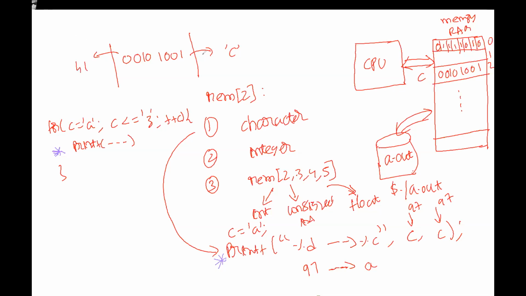So there are three domains in which we are living. This is the domain of decimal numbers, in which human beings are comfortable. This is the domain in which computers are comfortable. And this is the domain of characters, which human beings are also fine with.